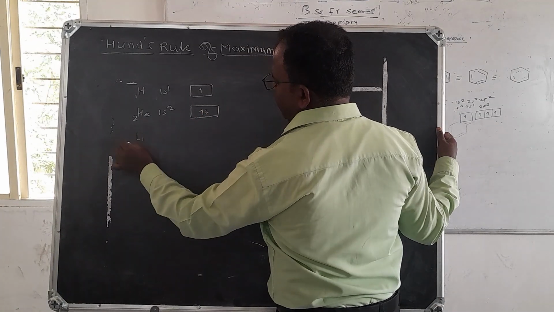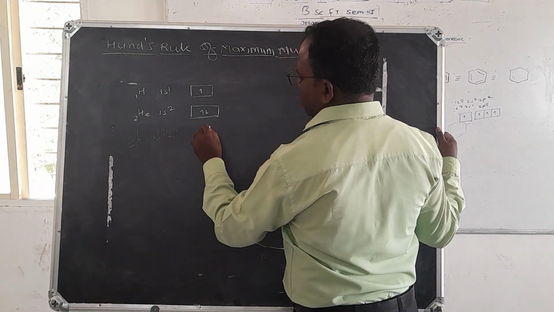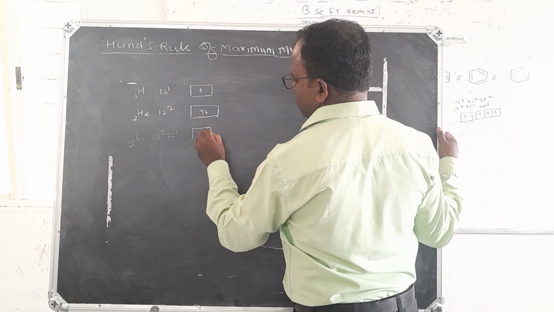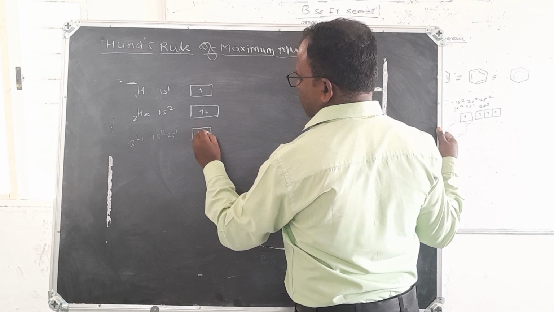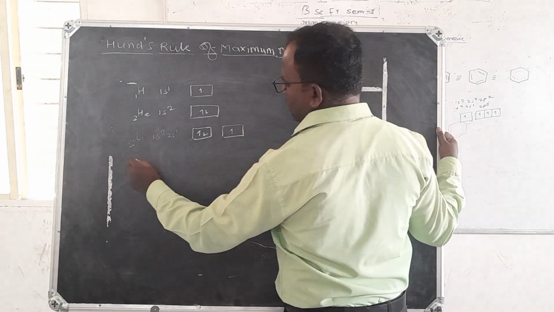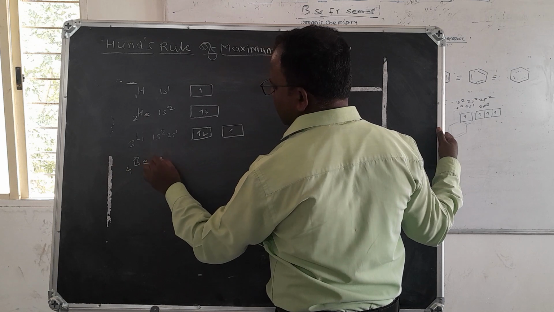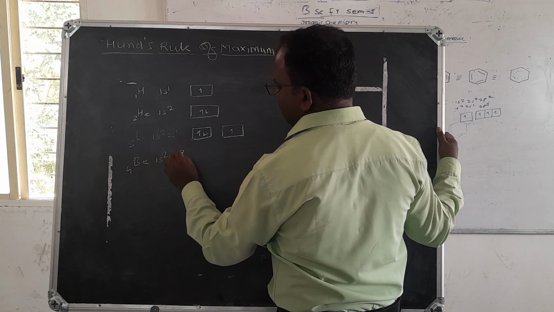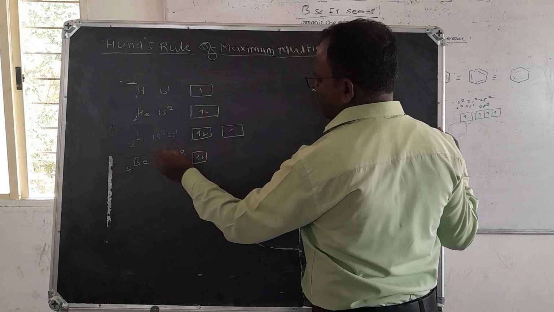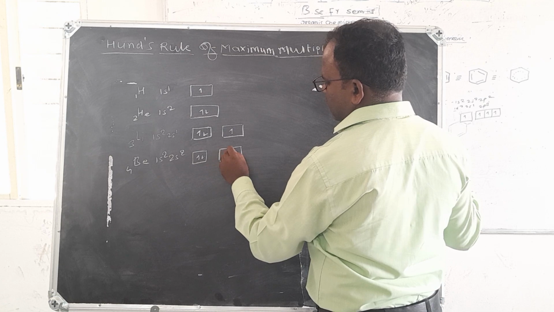Then lithium, atomic number 3, 1s2, 2s1. Beryllium, atomic number 4, electronic configuration 1s2, 2s2. In the s orbital, 2 electrons are present.